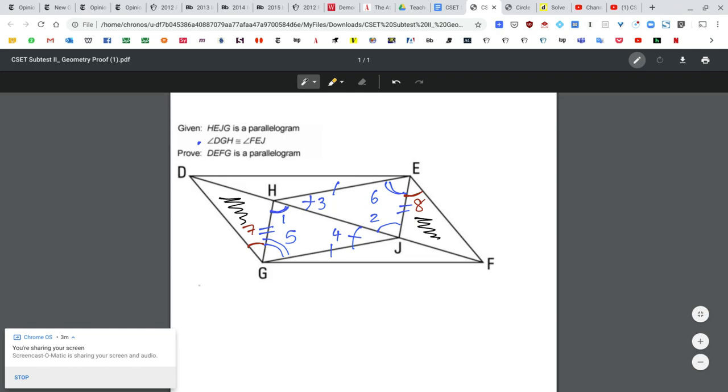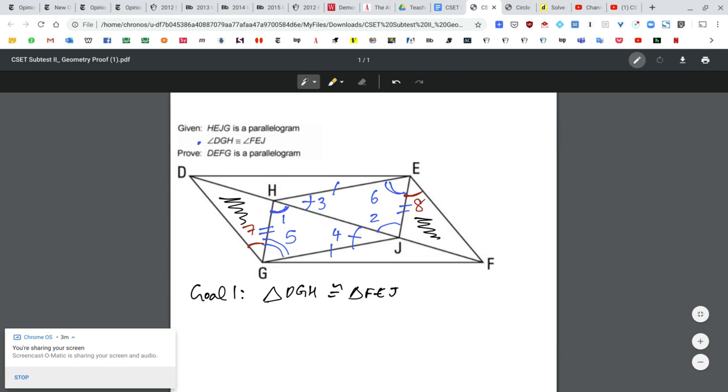My goal 1 is to show that triangle DGH is congruent to triangle FEJ. So that's my first goal.